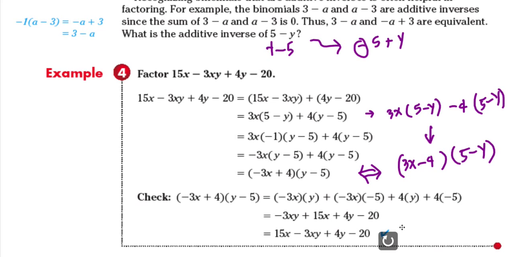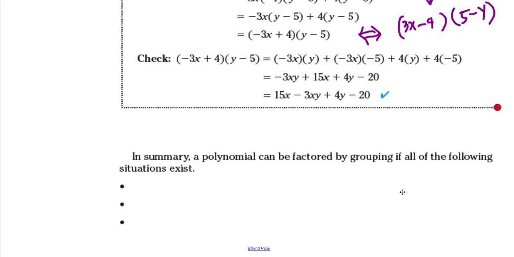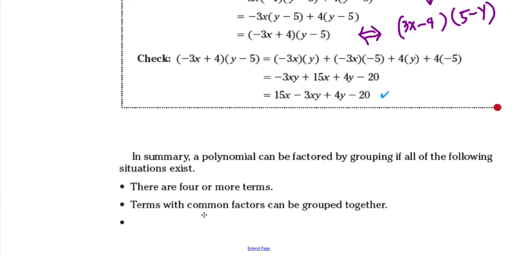So the last thing in this lesson. In summary, a polynomial can be factored by grouping. Remember, this is factoring by grouping in GCF. If all the following situations exist, you can use grouping. First, there are four or more terms. Second, the terms have common factors that can be grouped together.